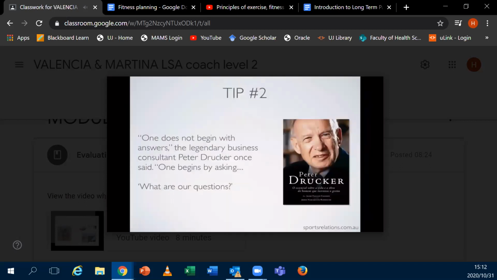And we mentioned Peter Drucker at the start, a well-known management guru, and he said about not worrying about beginning with the answers, but actually start with the questions. So the questions in our case would be, what do we want to know about performance and what aspect of performance do we want to know? Sometimes in a lot of sports, there's traditional stats. So they're the answers and we just start with them.